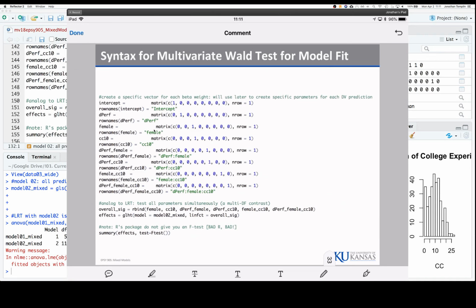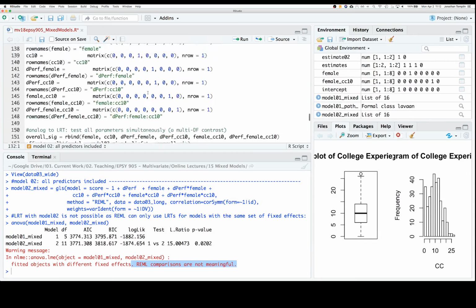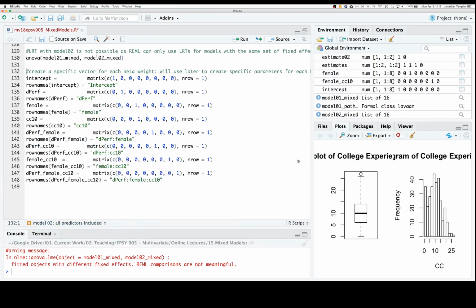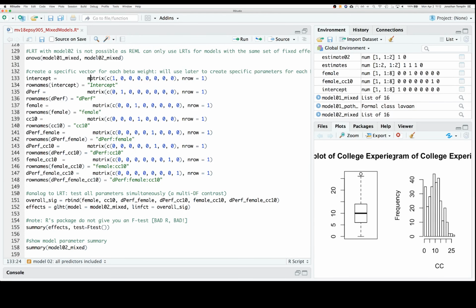And because we want to really disentangle these effects, the first step I advise you to do is to build the analysis where you have in GLHT a specific matrix for each parameter of the model itself. Why I'm doing this is because the new parameters that show up in model 2, we'll combine to provide that omnibus test of the model's fixed effects, of whether model 2 fits better than model 1.